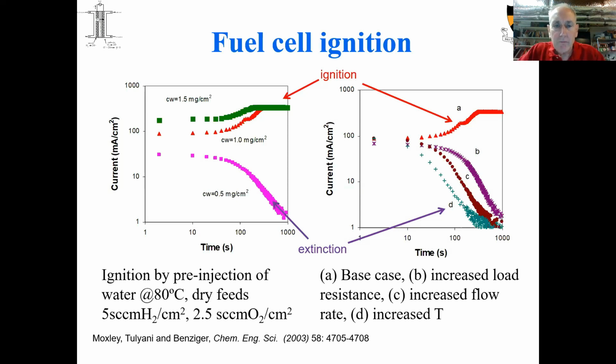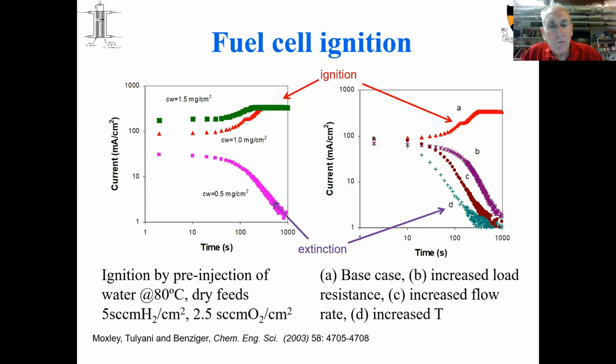And so the ignition condition being this 1 milligram per square centimeter, this was at a temperature of 80 degrees with flow rates of 5 standard cubic centimeters of hydrogen at the anode and 2.5 standard cubic centimeters of oxygen at the cathode.